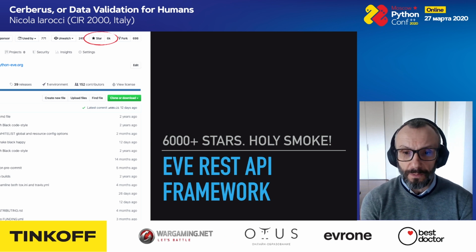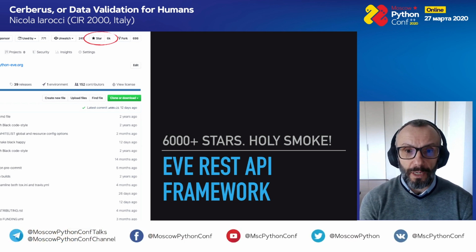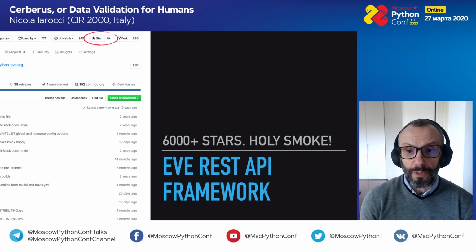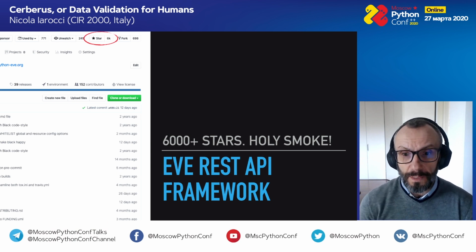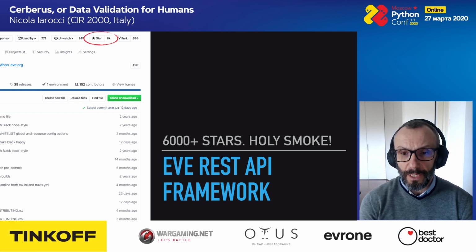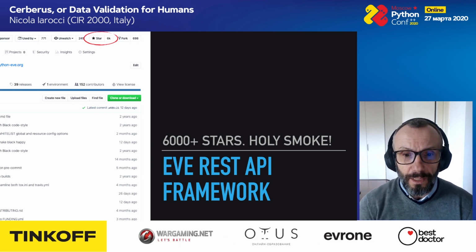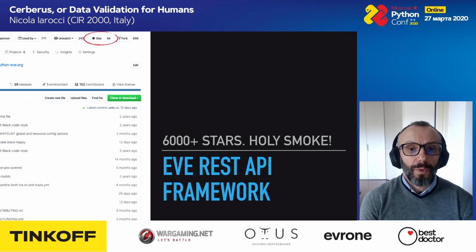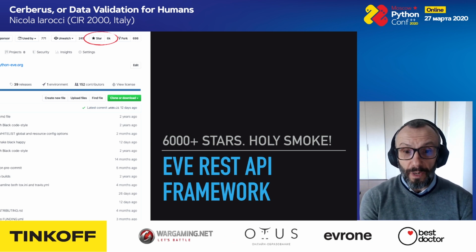And only a few months later, I decided to detach the data validation library from the framework itself and release it as an open source project on its own, because I figured most people will want to do data validation regardless of the REST API framework. So, back to the GitHub stars story. Eve has been doing very well.